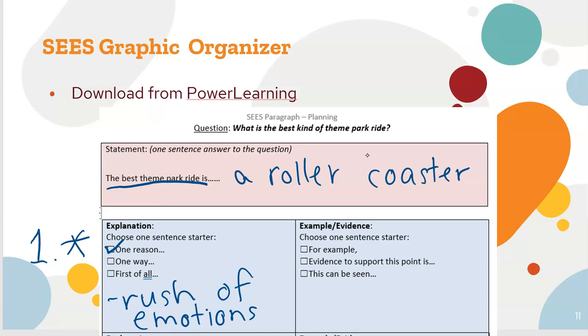Next, you're going to think of an example or a piece of evidence for your first explanation. So, I might say, for example, when I'm riding a roller coaster, I experience emotions of suspense and exhilaration.